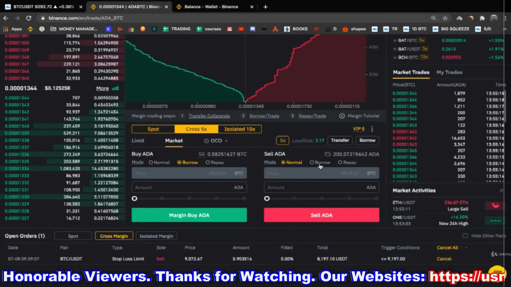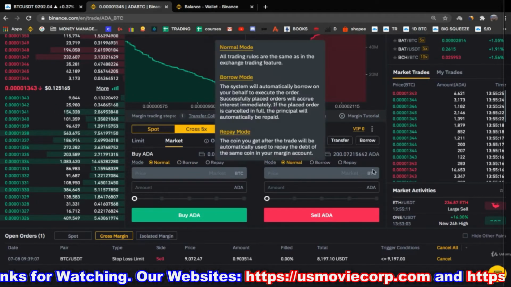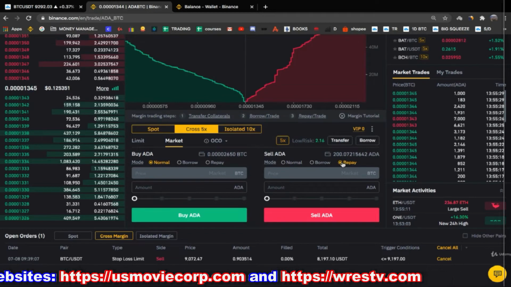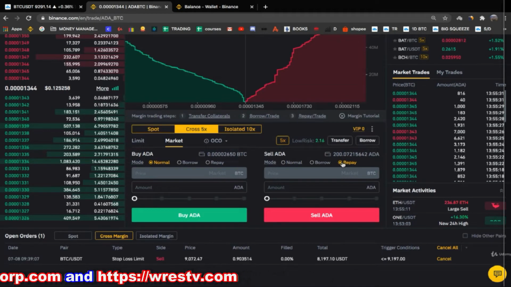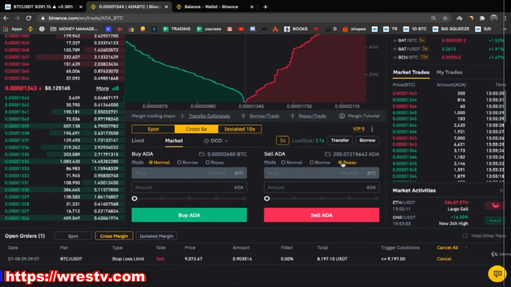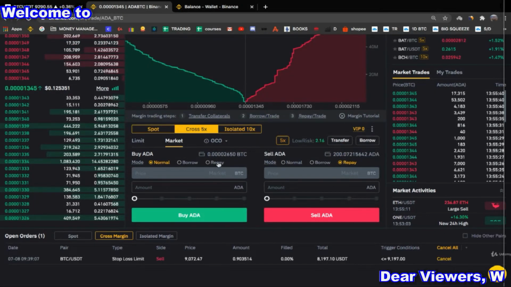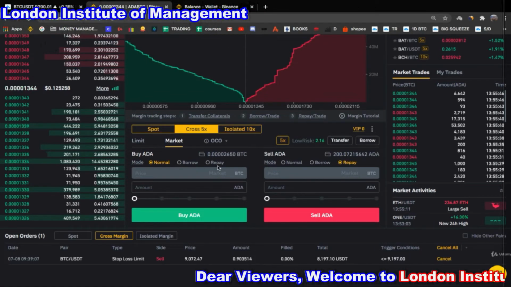Now let me show you. If you don't want to use the automatic repay mode, because sometimes you might not want to use it, because if this position is losing money, you will simply repay less than you have to, and you might forget about this difference, and this will have interest on it, right?